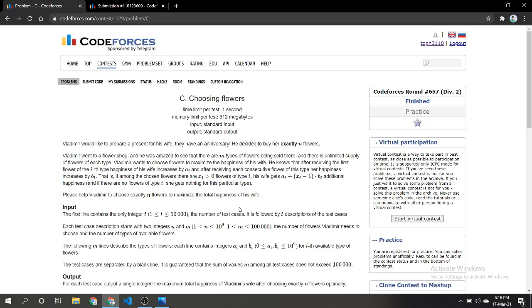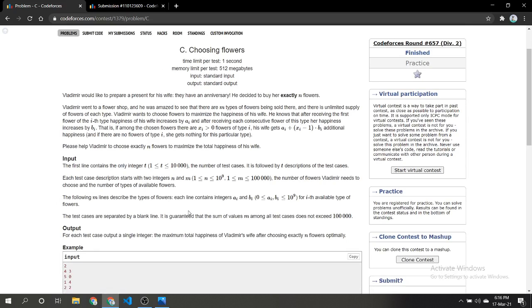So, first let's see how we approach this problem. We can clearly see that this is a greedy problem, and we have to find out how many flowers of each type we buy such that our total happiness is maximum. Let's say we bought x of the i-th type and y of the j-th type flowers.